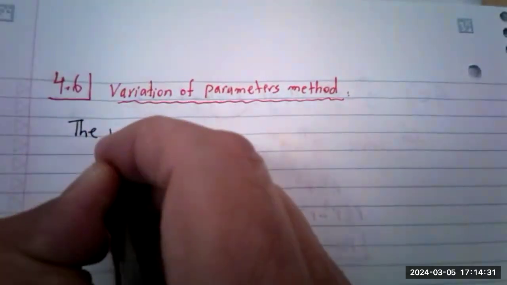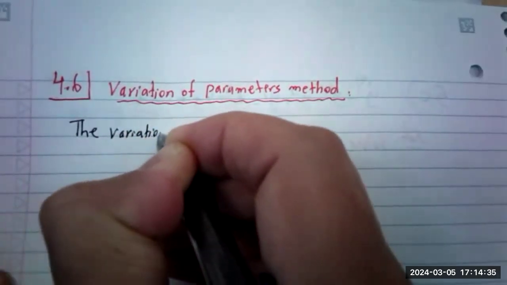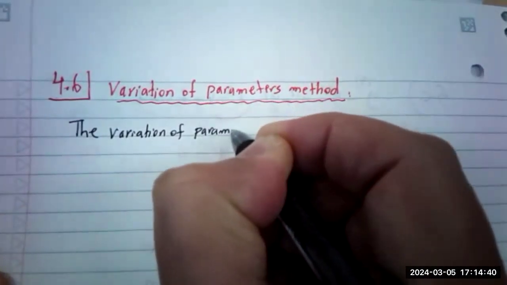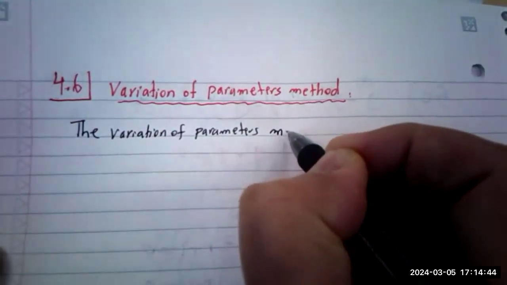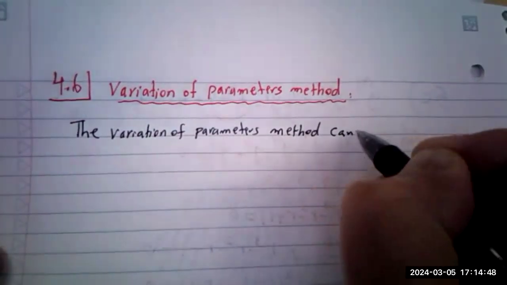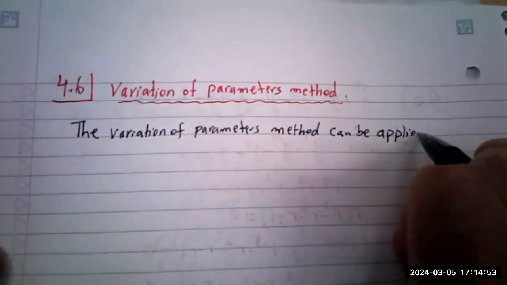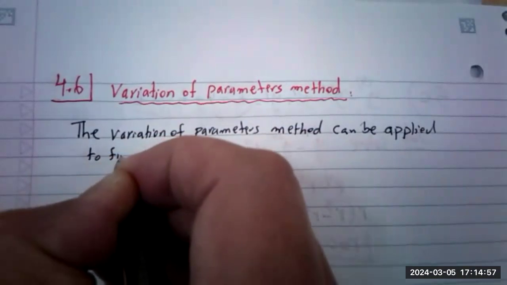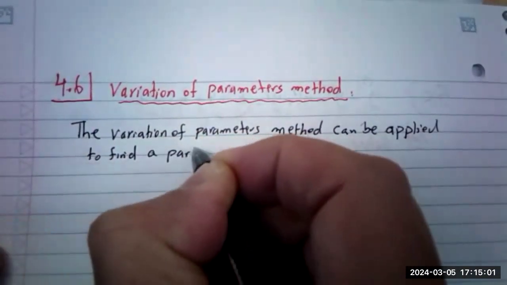So the variation of parameters method can be applied to find a particular solution.